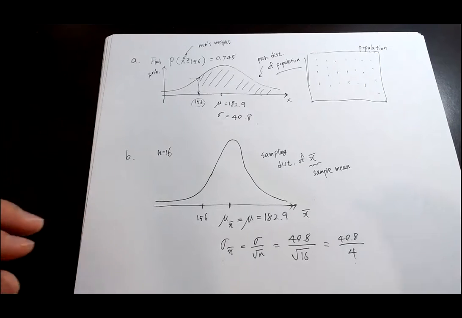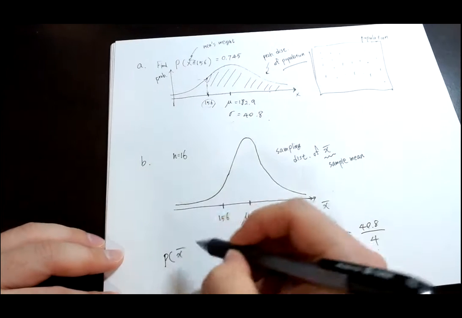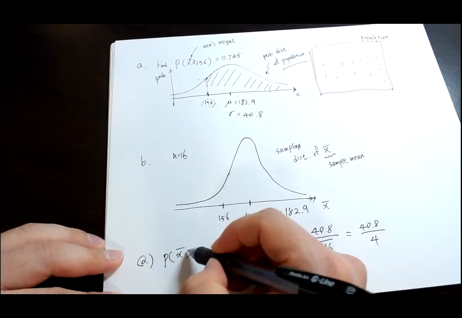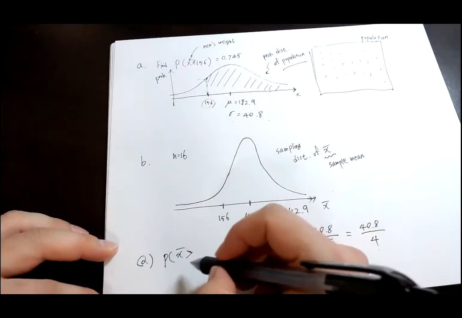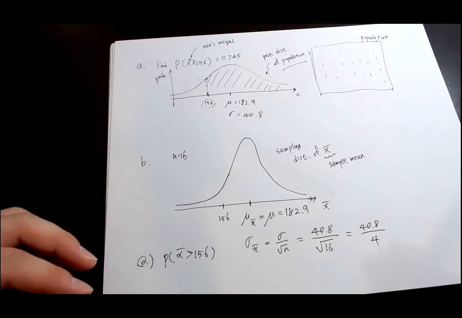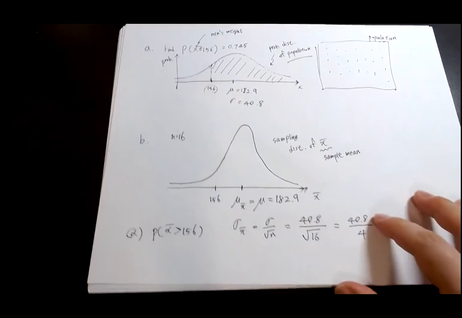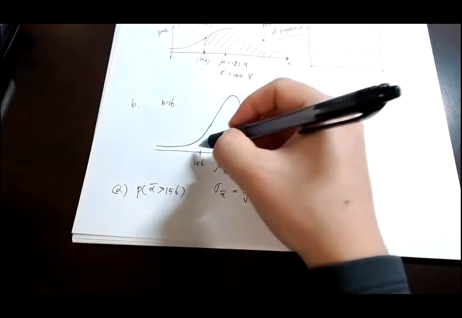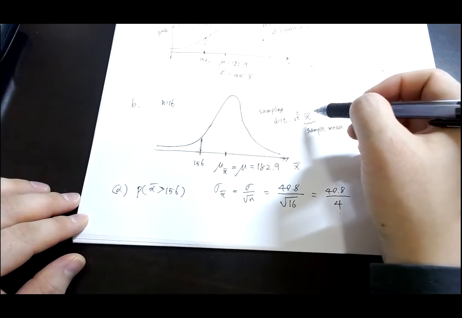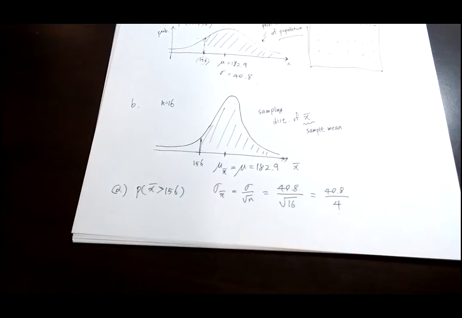All right. So how can I find the probability that x bar is greater than, or greater than or equal, it doesn't matter, 156? Then we're going to use the normal CDF, because we have to find the area under the graph of the sampling distribution of x bar from 156 upward.